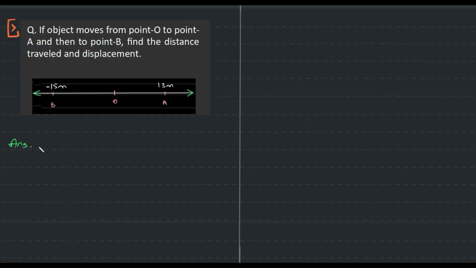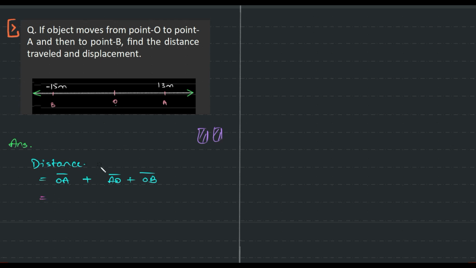If an object moves from point O to point A and then to B, find the distance traveled and the displacement. Yeah, please pause and try it. Okay, so in this case, the distance would be, first it moved from O to A, I need to add that line segment length, and then A to O, and from O to B. I just need to add the lengths, that's it.